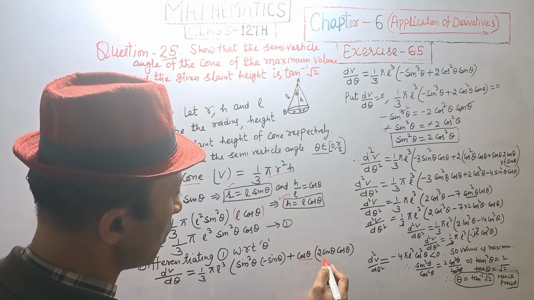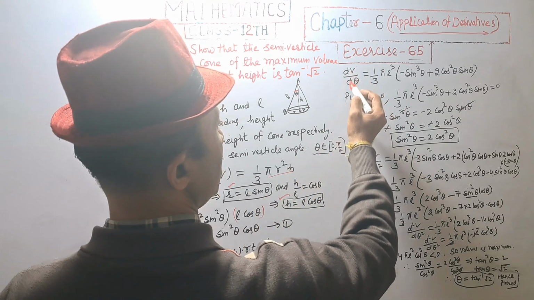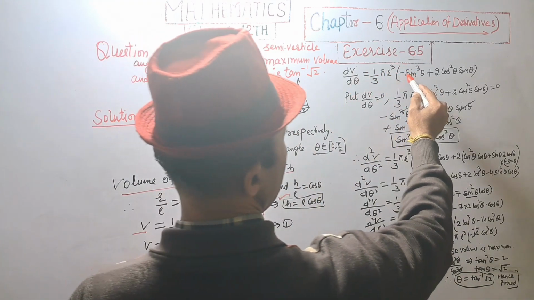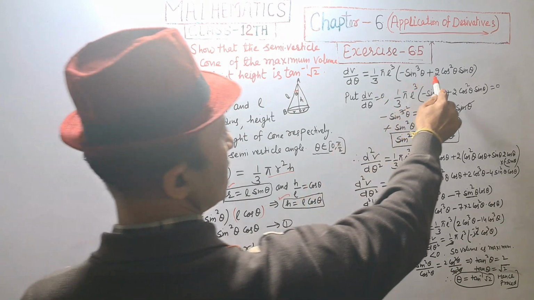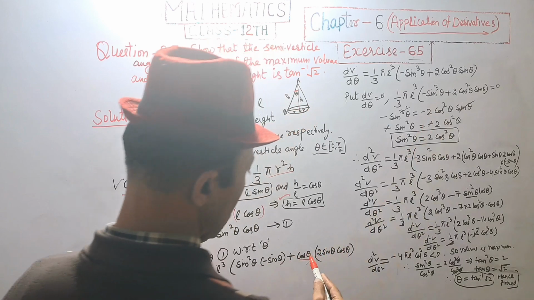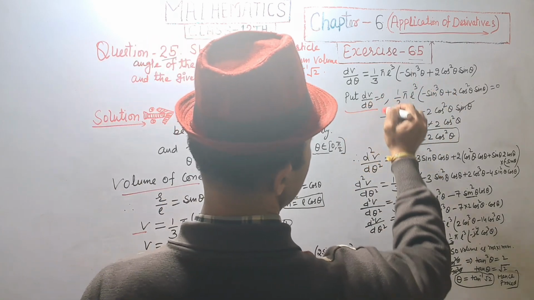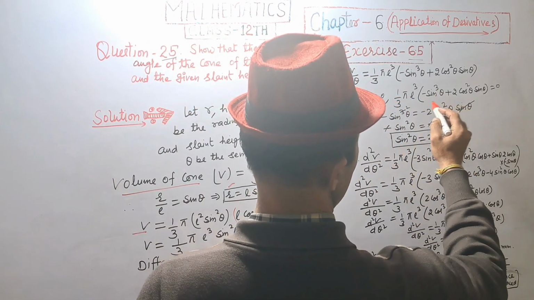So dV upon d theta is 1 upon 3 pi L cube, it's constant, and minus sin cube theta plus 2 cos square theta sin theta, 2 cos theta cos theta, cos square theta into sin theta.